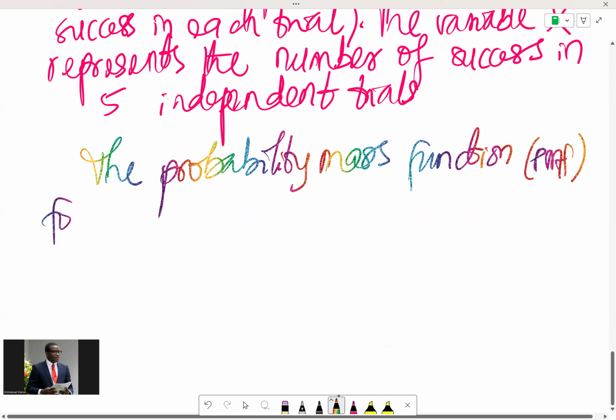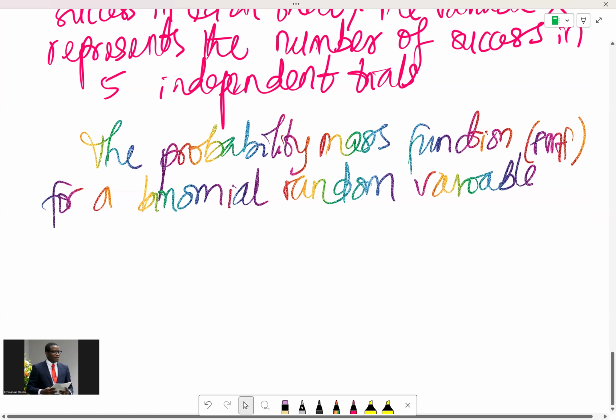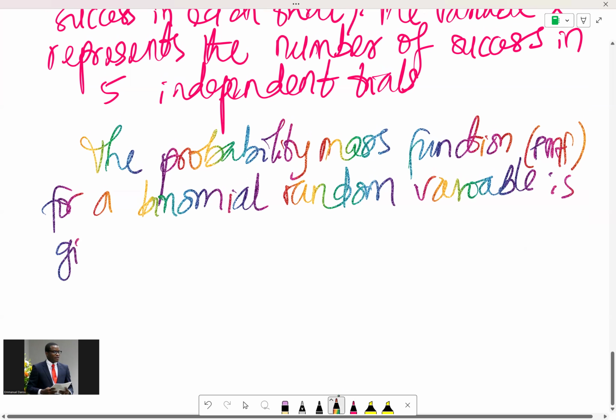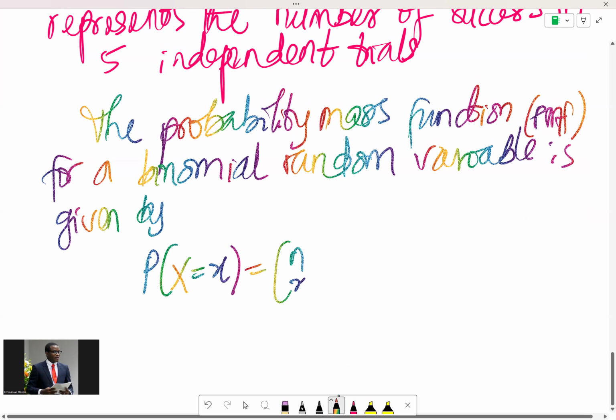The probability mass function for a binomial random variable is given by the probability that X is equal to x is equal to n choose x, p raised to power x, that's the probability of success, times 1 minus p raised to power n minus x, that's the probability of failure raised to power n minus x.